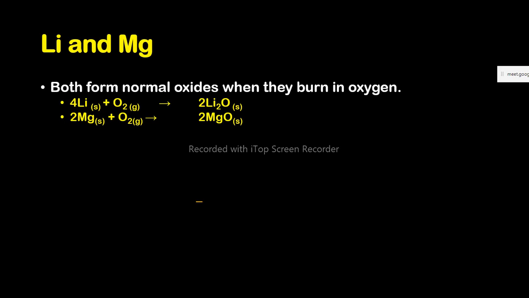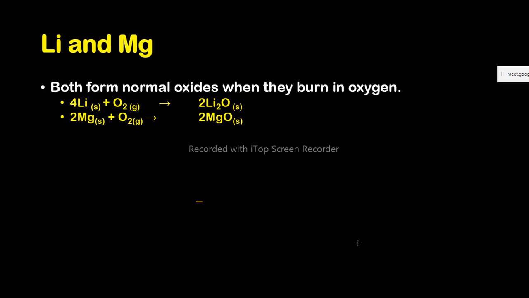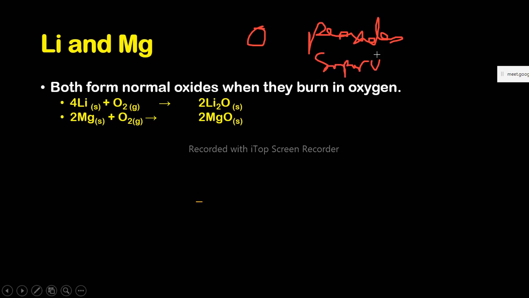Now, group 1 elements, when they react with oxygen, burn in oxygen to form oxides, peroxides and superoxides. But lithium deviates from the norm, for it burns in excess air to produce normal oxides.